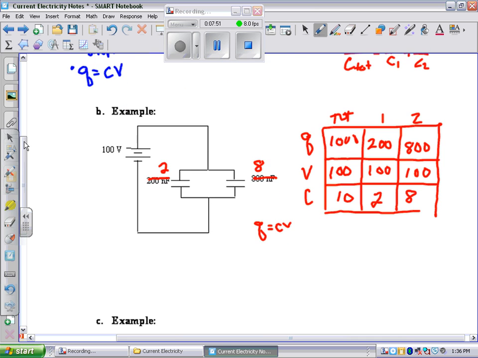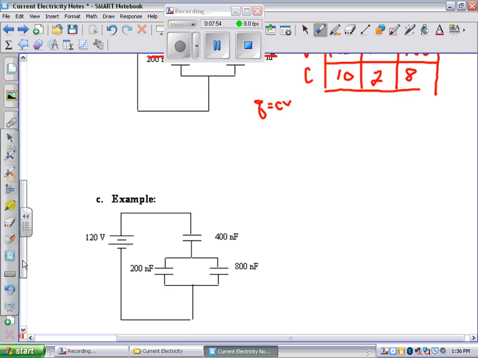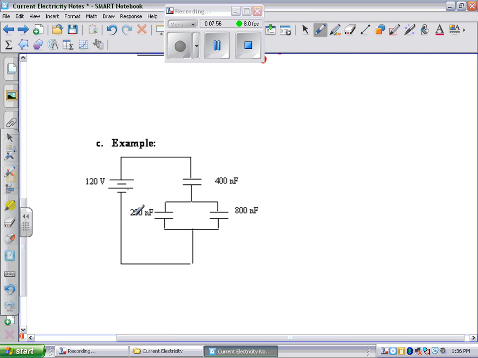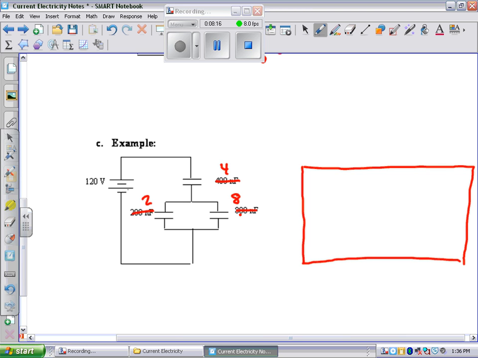Our second example is a little bit more complicated. And again, I'm going to try to simplify the numbers a little bit. I'm just going to make this one 2. I'm going to make this one 4. And I'm going to make this one 8. And make up my chart. Down this side, I'm going to have Q, V, C. And across the top, I'm going to have total, 1, 2, and 3.